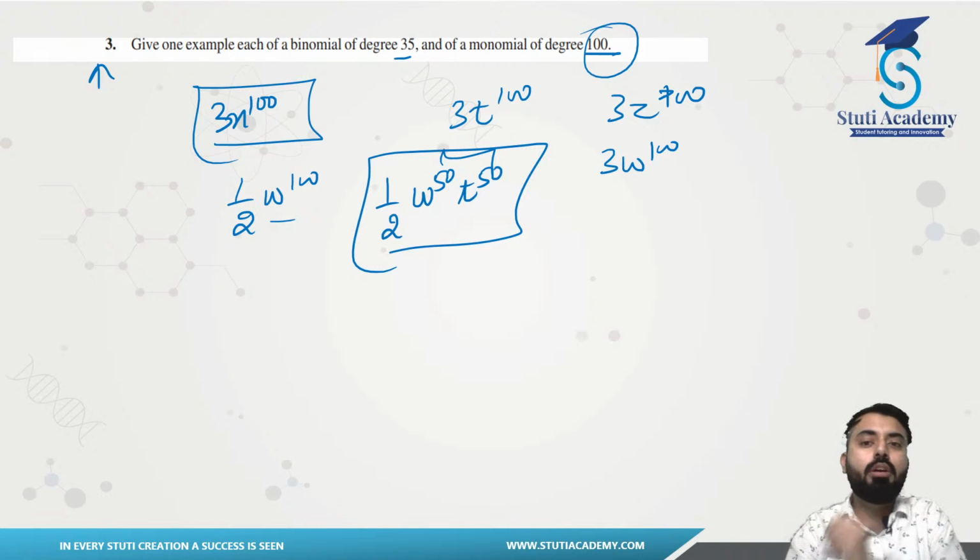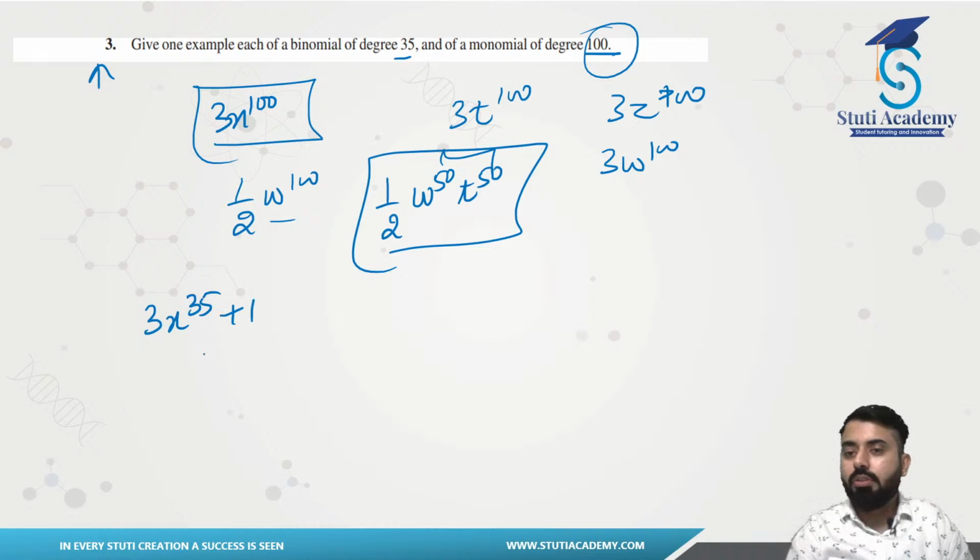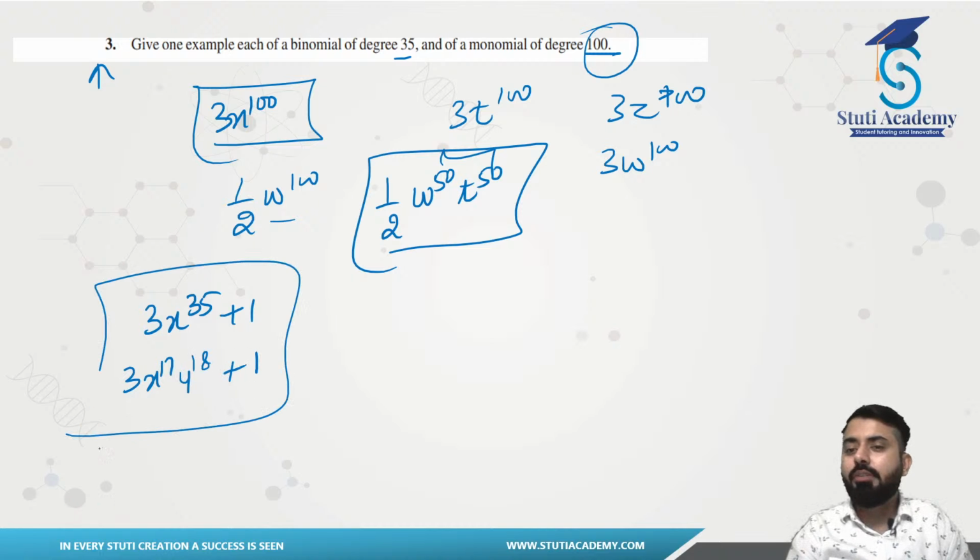Now we have to think of binomial of degree 35. So it has to be a binomial. So it can happen like this, 3x^35 plus 1, or 3x^17 y^18 plus 1. You can have any value, right? Understood? So that is the point here. You can write any equation that you want.